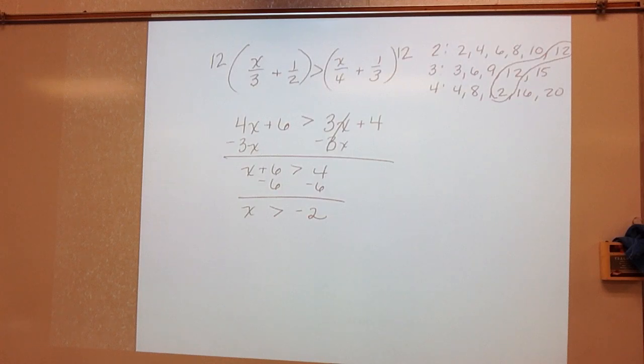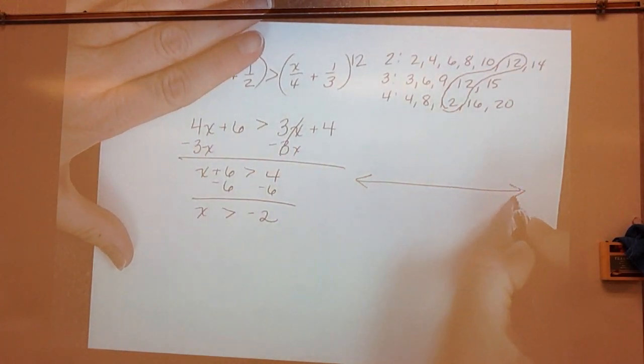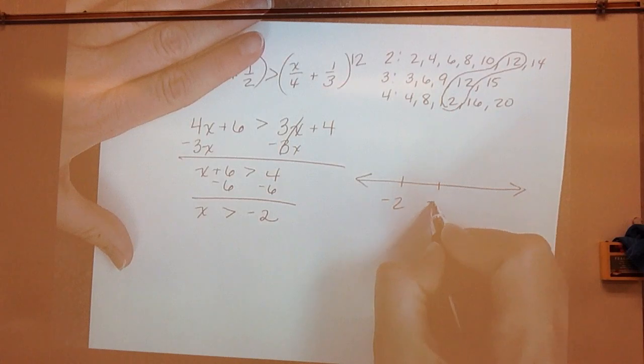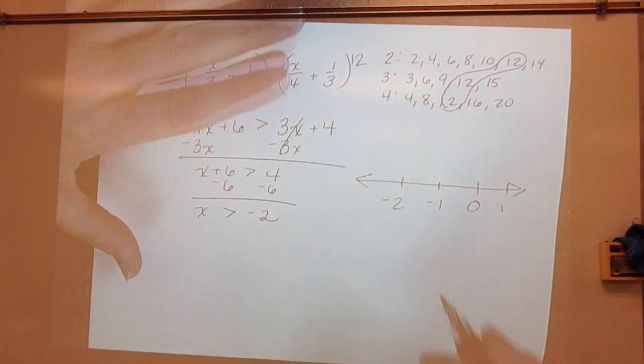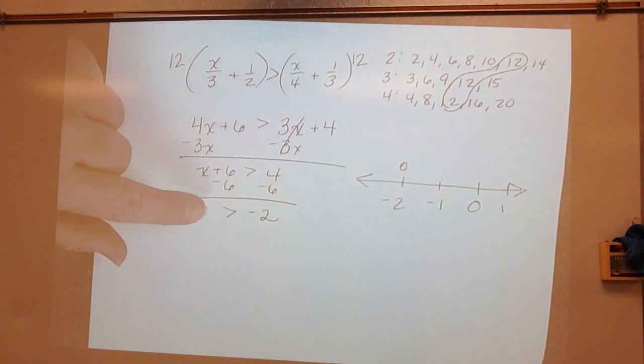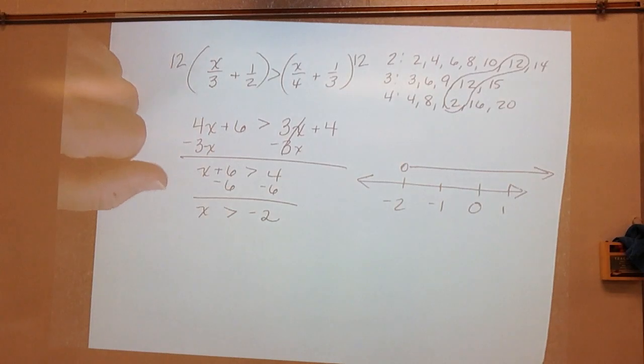All right, so once again, I need to list my solution set. Remember, because it's an inequality, it's not just one number. It's many numbers. So if I'm looking at it on a number line, x is greater than negative 2, so everything above negative 2.